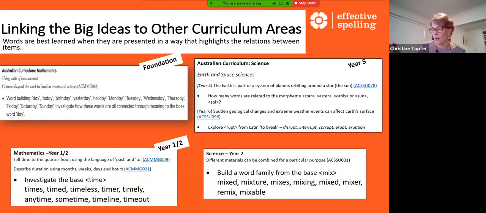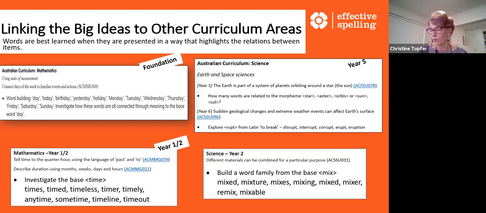So in the teaching guides, what Emma and Bethany and myself have done is to look at the Australian curriculum and think about what would be the big ideas that you need to teach in any particular year levels. And so how would they lend themselves to working in morphological word families?